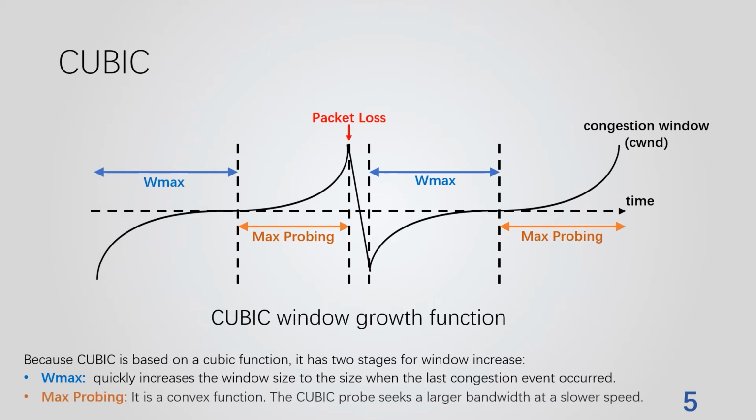The second part, max probing, is a convex function. Cubic probes for larger bandwidth at a slower speed. Cubic spends a lot of time in these two stages to stabilize the network. In the meantime, we could actually get a higher congestion window. In the picture, the congestion window in the green part could be improved.